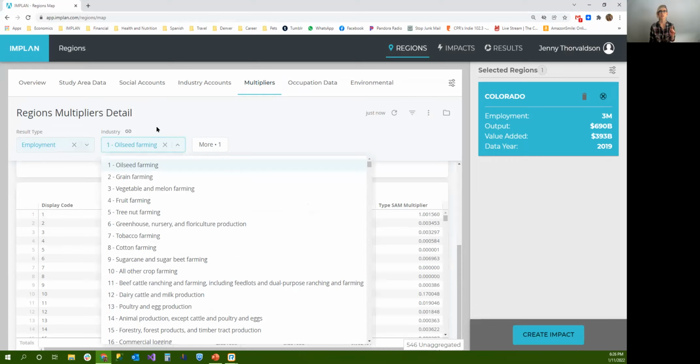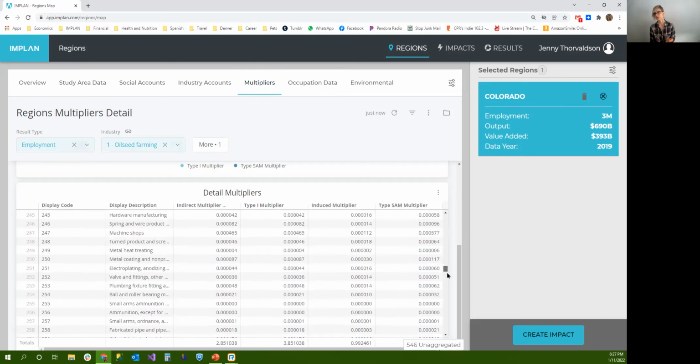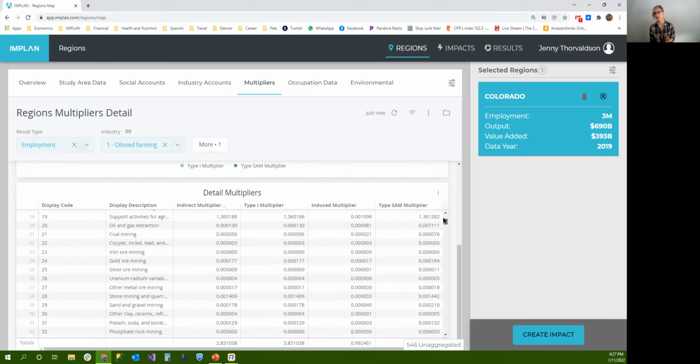So it's saying what is oilseed farming's multiplier on the oilseed farming sector, and then on the grain farming sector, and then on the vegetable and melon farming sector. So if you summed all of these rows together, you would get that overall summary multiplier for oilseed farming of 4 point something. This is breaking it out into more detail. So all of these rows sum up to 4 point something.